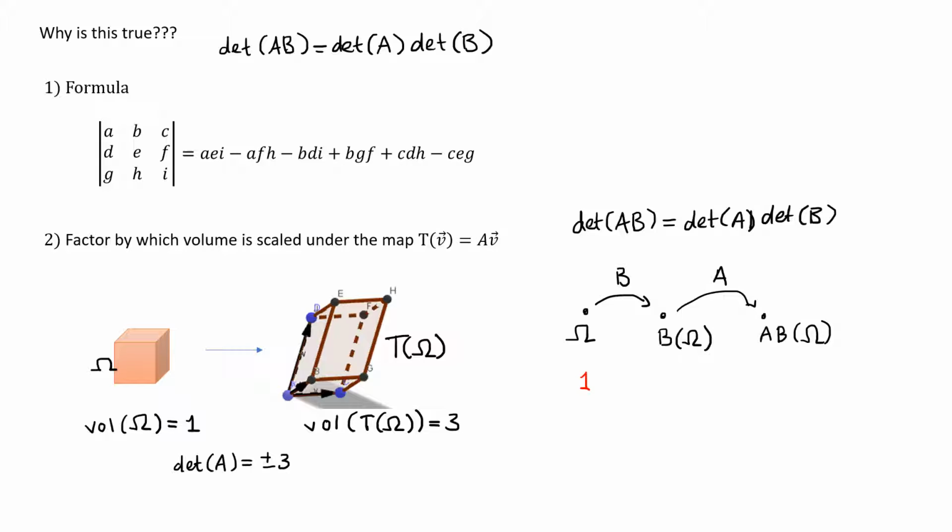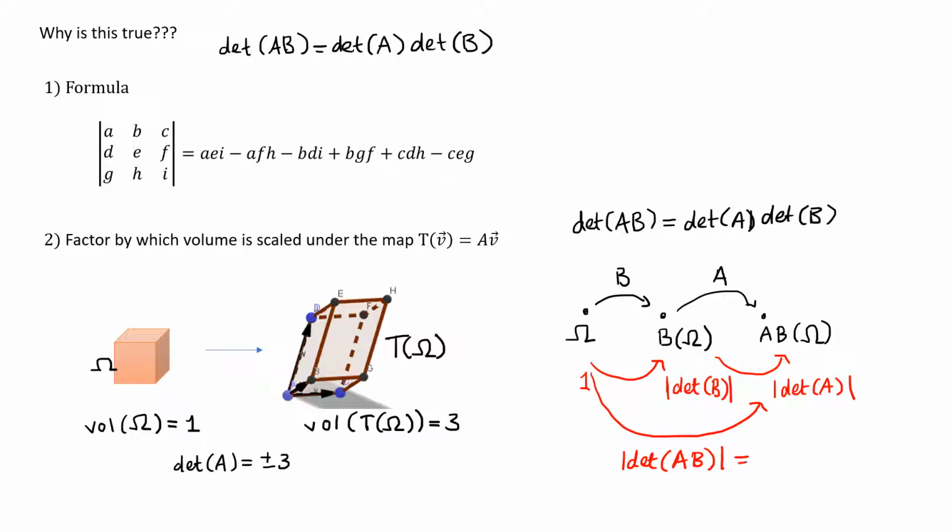If we start out with volume 1, the volume gets scaled by determinant of B. So B of omega has volume that's the size of the determinant of B. And then this volume gets scaled again by the size of determinant of A. And when we do these all together, we get that the determinant of AB is equal to the determinant of A times the determinant of B.